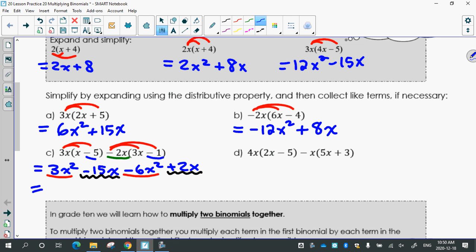So 3x squared subtract 6x squared is negative 3x squared. And negative 15x plus 2x is negative 13x. So based on that one, try the next one. So your first step is to expand, and your second step is to simplify.